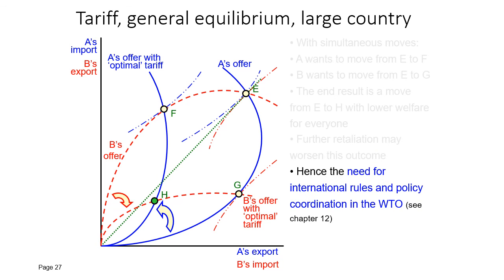So they both apply a tariff again and they land up at an even lower position than H. When you do this analysis, maybe in a theory question, you only really need to show the retaliation once. Them both applying an optimal tariff once. You don't need to go and do a second, third and fourth optimal tariff. And we're going to look at the rulings governing tariffs at a later stage in chapter 12.